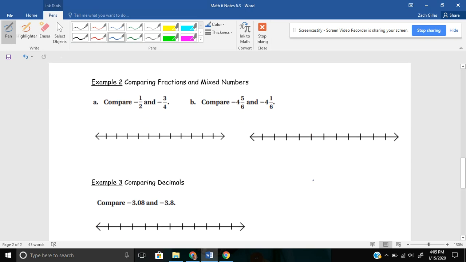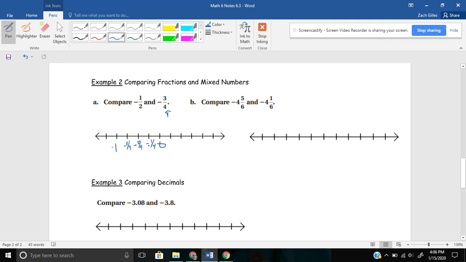Example 2 says comparing fractions and mixed numbers. So for letter A, compare negative 1/2 and negative 3/4. Well, again, I'm going to graph these, and I'll go by fourths. So negative 1/4, negative 2/4, negative 3/4, negative 4/4, and negative 1.